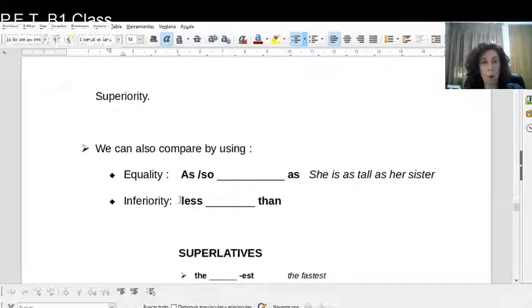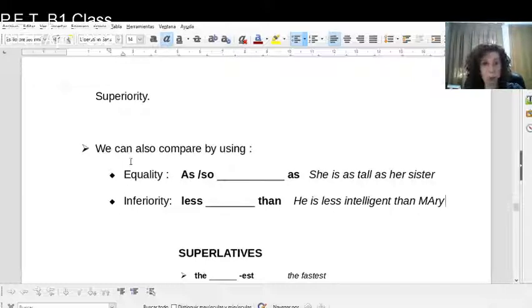Then always use less, the adjective or the adverb, than. It doesn't matter with the syllables. For example, he is less intelligent than Mary.